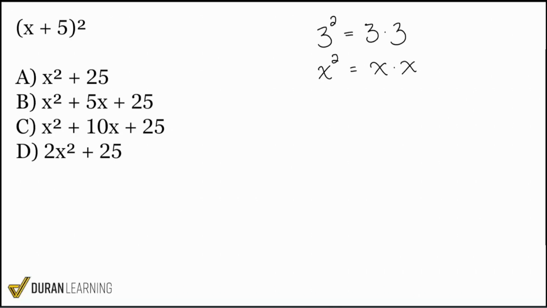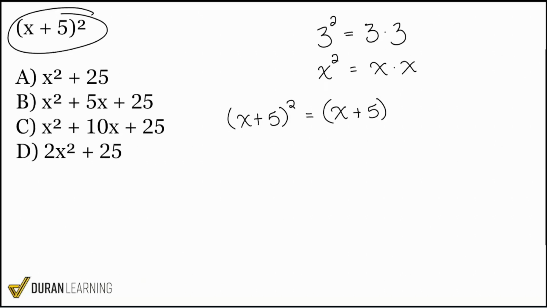So what I'm getting at is x plus 5 all squared. That is the same thing as saying x plus 5 times x plus 5. Again, because if you are squaring anything, it is the same as that number multiplied by itself.